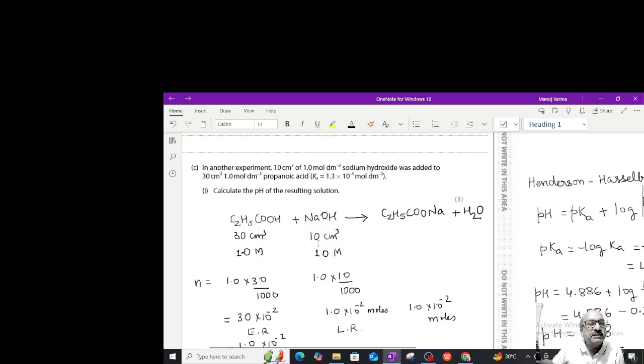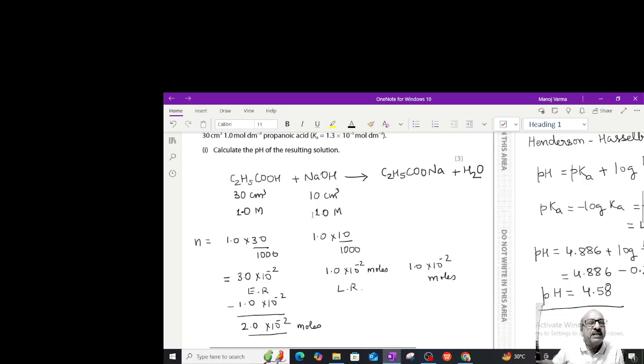They are not in the exact proportion, and just by observation you can see that the propanoic acid is in excess. So NaOH is obviously the limiting reagent and propanoic acid is the excess reagent.